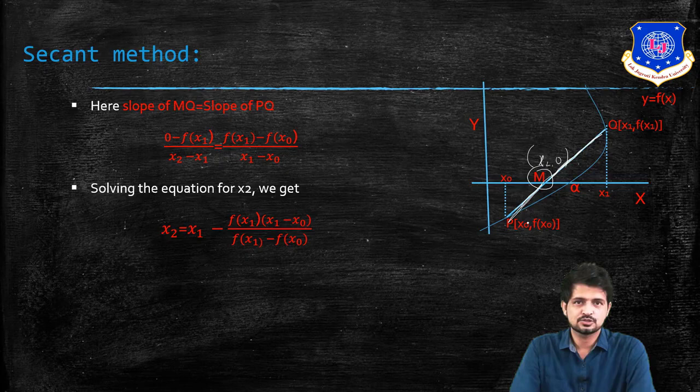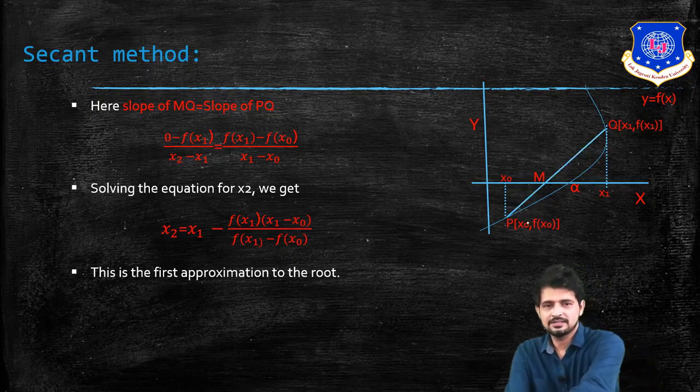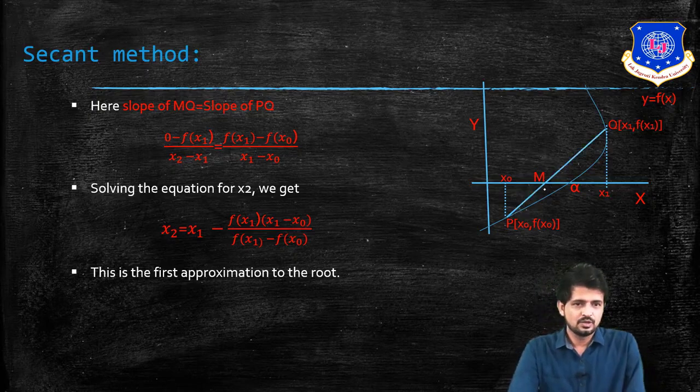We can say x2 is the approximation to the root. Still we have to reach alpha, we have not reached alpha yet. We have only reached up to M, and the coordinates will be x2 comma 0.